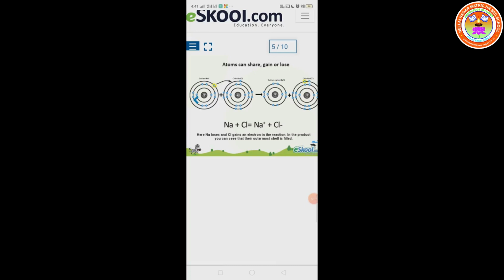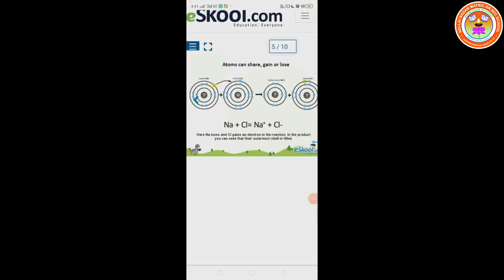Similarly, sodium has only 1 electron in its valence shell. So sodium loses 1 valence electron. It is converted to a sodium ion. It also becomes stable because of 2, 8. The last electron will be lost to chlorine, so it becomes stable.